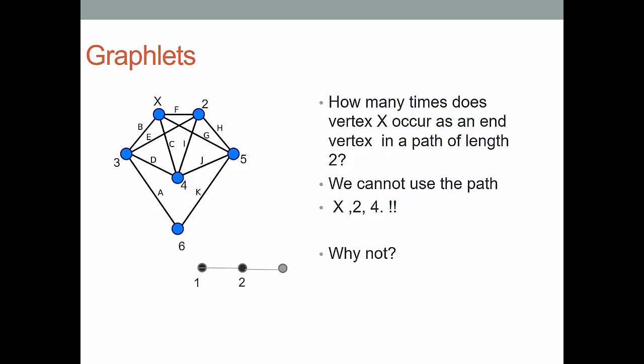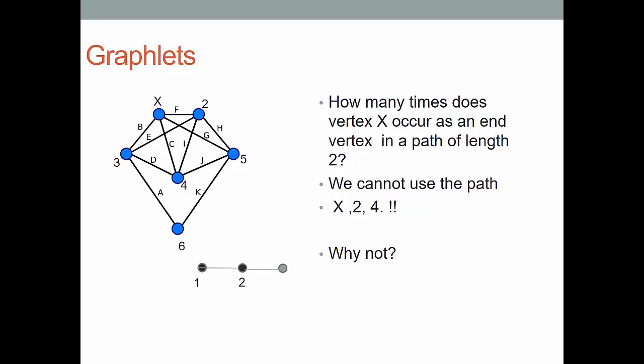Now, the next graphlet is node 1. Node 1 is an end vertex of a path of length 2. So we ask, how many times does the vertex X appear as the end node of a path of length 2? We'll need 3 vertices: X and 2 other vertices.